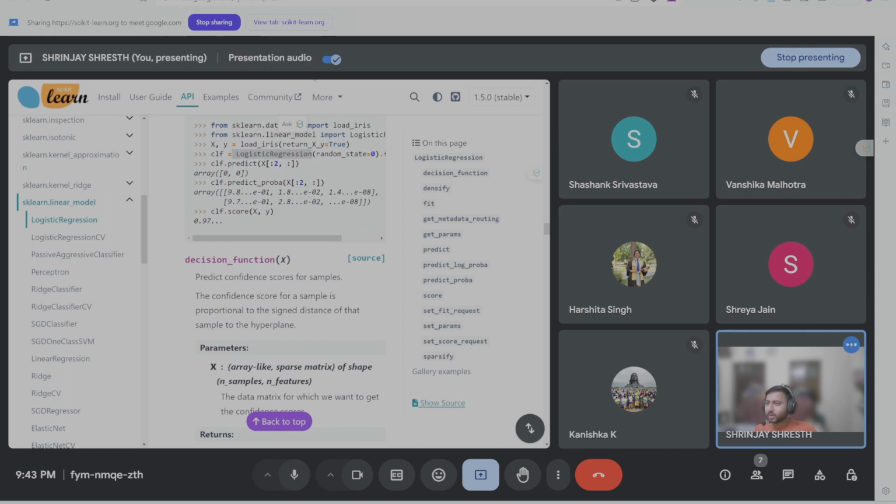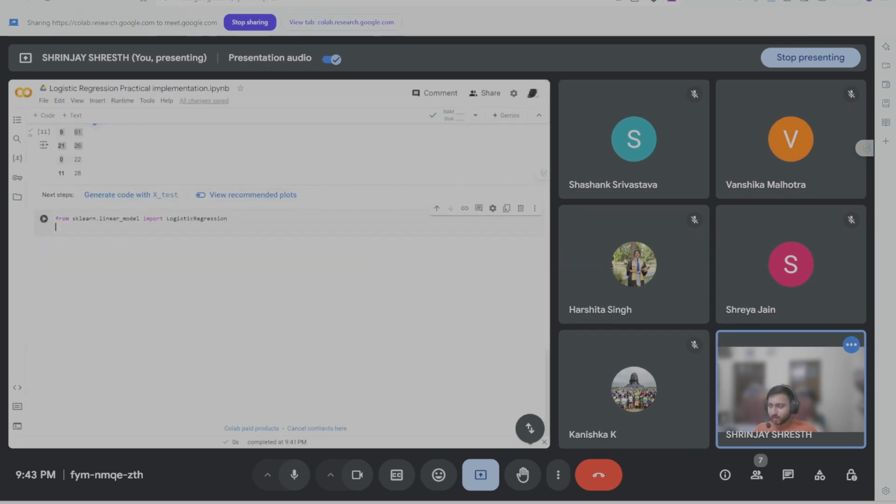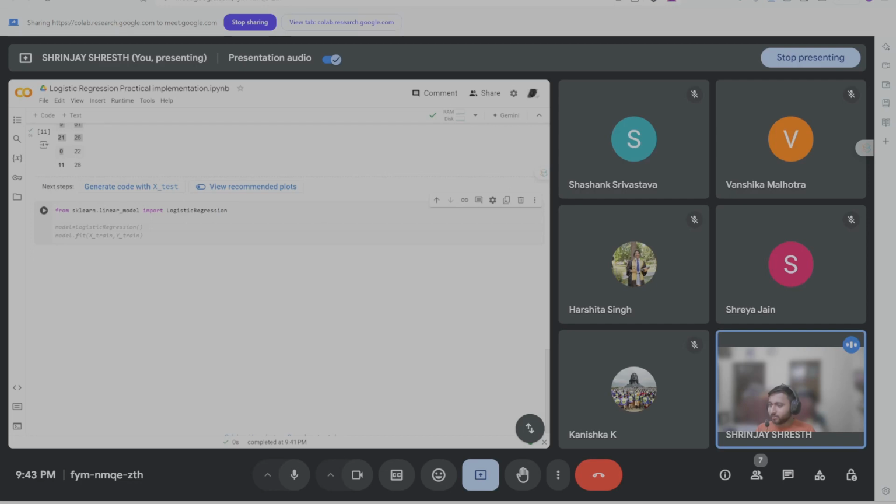Control C, head back, share this tab. Let us say that my model is this logistic regression. Once your model is ready, we are up for fitting the data.